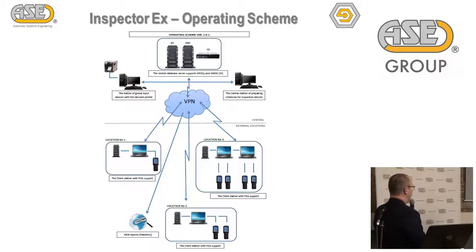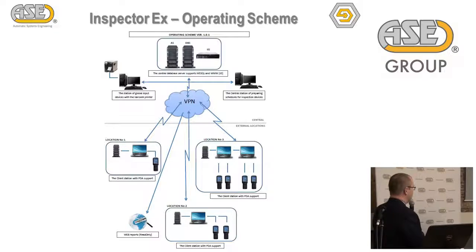We use VPN, and we have the SAM station for planning of the inspection, for printing the barcodes, and for adding new devices to our database. We have one centralizing station, for example, for planning and scheduling of the inspections on the object or objects and installations, and we have some variants with the localization.